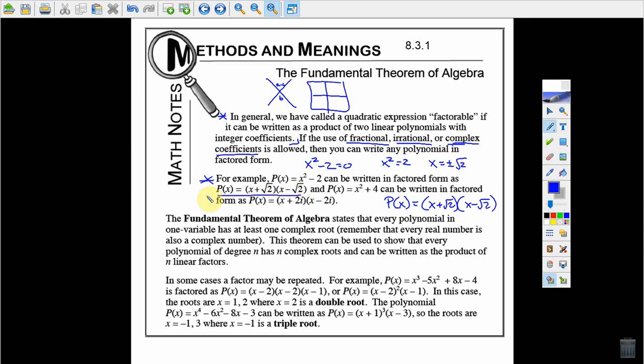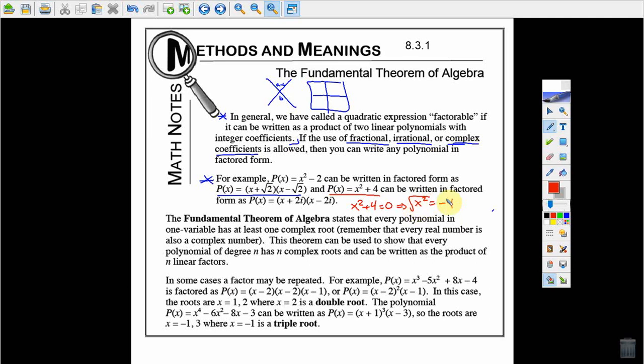In their next example, if you have p of x equals x squared plus 4, well, what you should see is that if we subtract 4 from each side, then we're going to end up with a negative number. We're going to have to take the square root of that negative number. So our x squared plus 4 equals 0 becomes x squared equals negative 4.